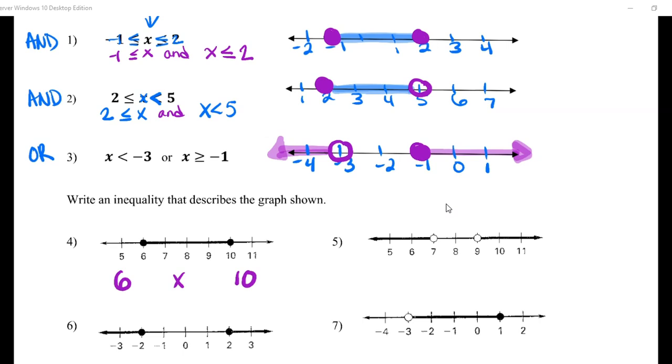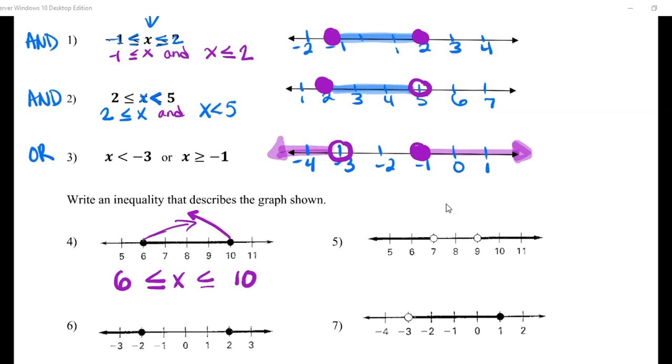So for 6, for it to be shaded to the right, it would have to be greater than or equal to. And for 10, for it to be shaded to the left, it would have to be less than or equal to.